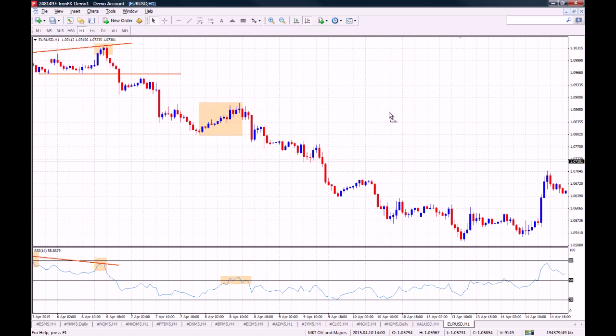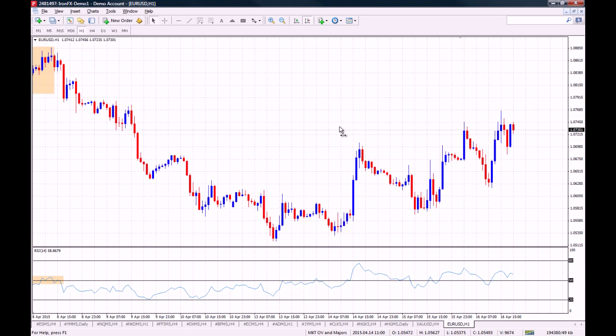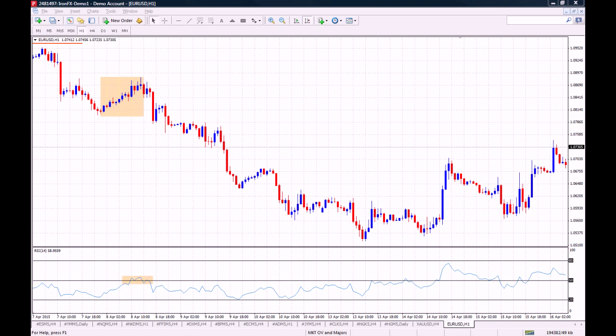Okay, now the RSI is also very good at reversals, and in this case you want to look for the RSI abruptly crossing the 50 level to the upside. It doesn't have to reach the 80 level, but it does have to continue to oscillate above the 50 level.